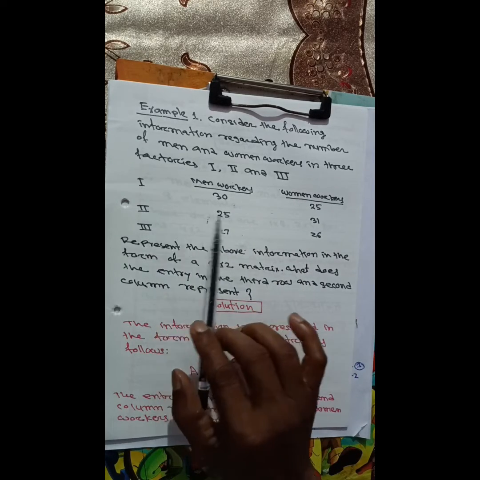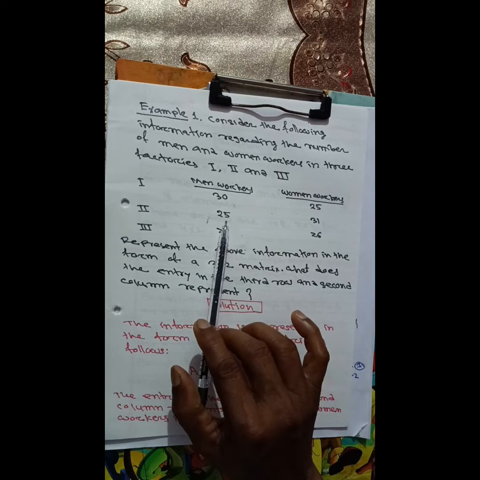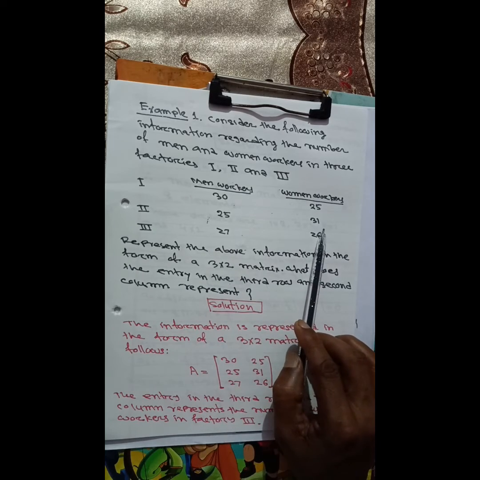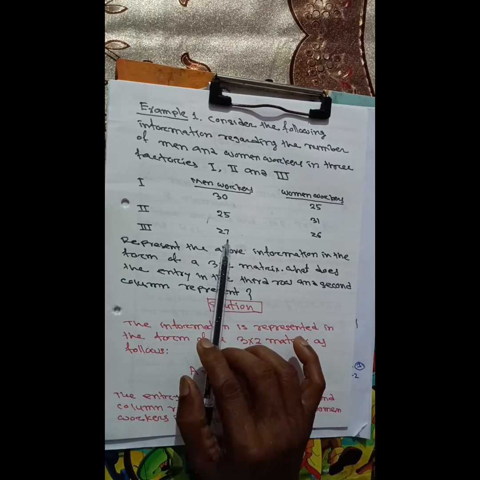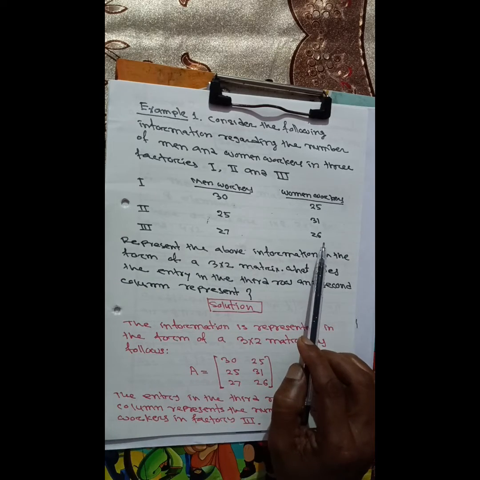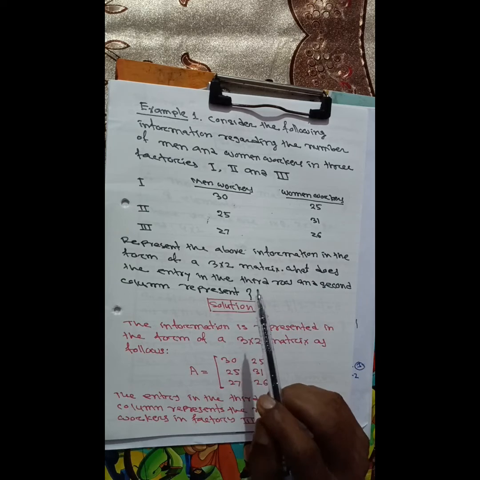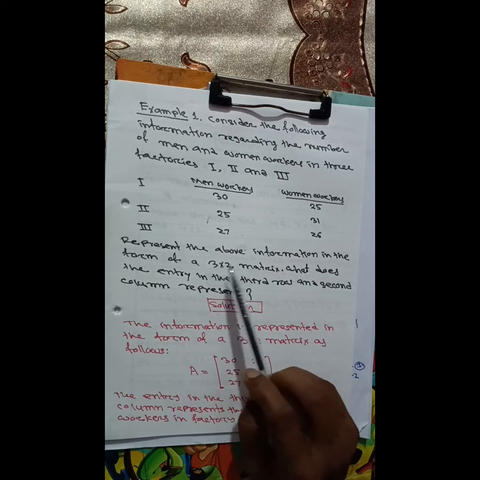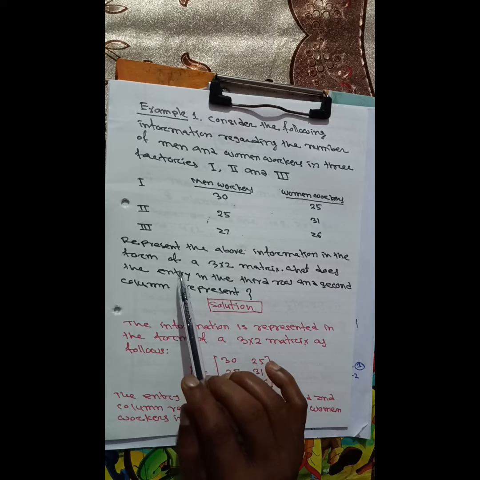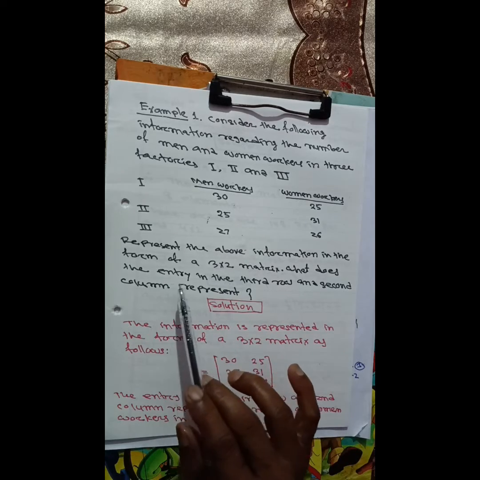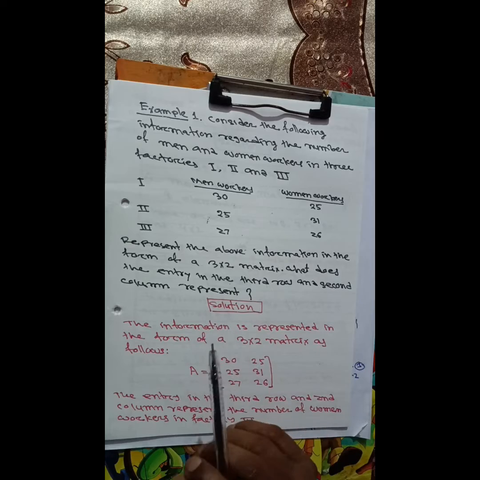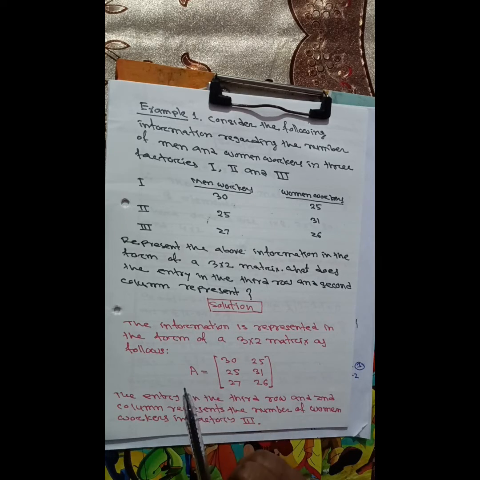In factory 2, men workers are 25 and women workers are 31. In factory 3, men workers are 27 and women workers are 36. Represent the above information in the form of a 3 into 2 matrix. What does the entry in the third row and second column represent?